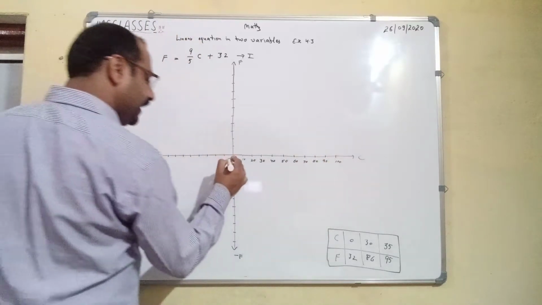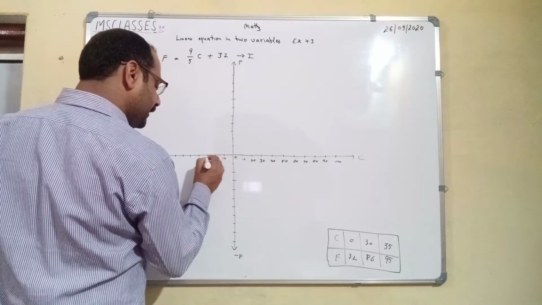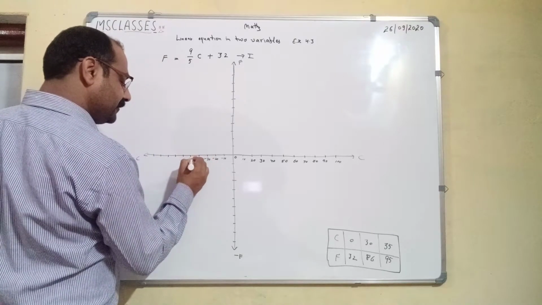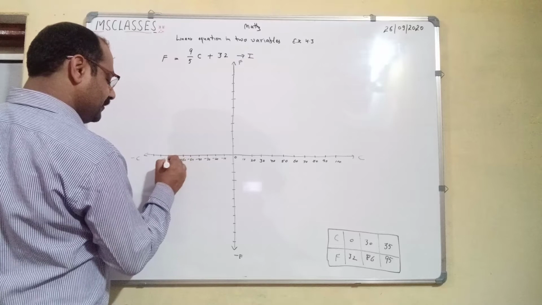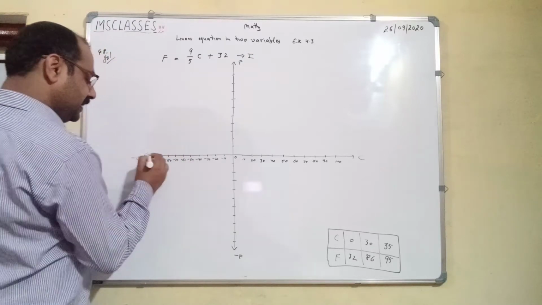And toward the left side, all will be negative: minus 10, minus 20, minus 30, minus 40, minus 50, minus 60, minus 70, minus 80, minus 90, minus 100.